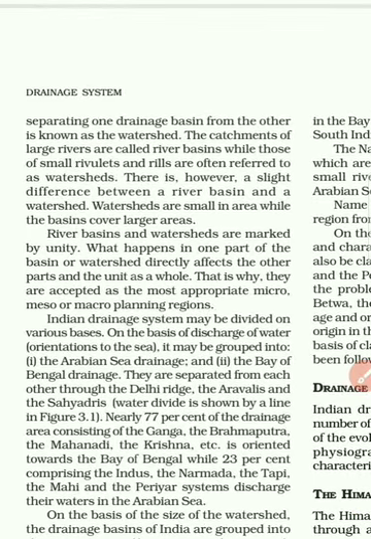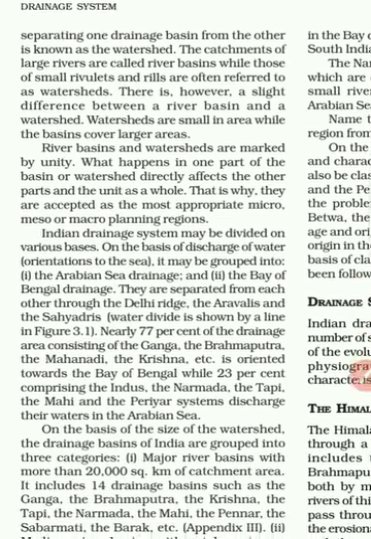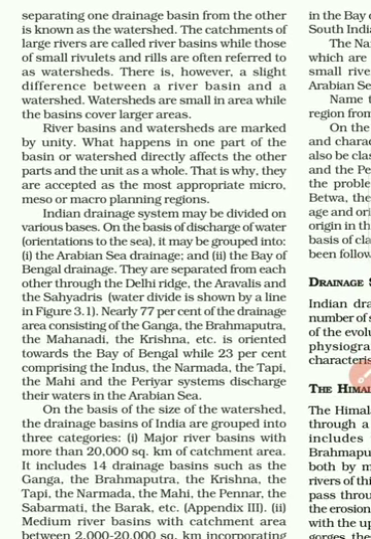The catchments of large rivers are called river basins, while those of small rivulets and rills are often referred to as watersheds. There is, however, a slight difference between a river basin and a watershed. Watersheds are small in area, while basins cover large areas.